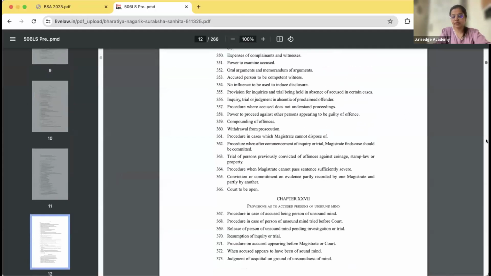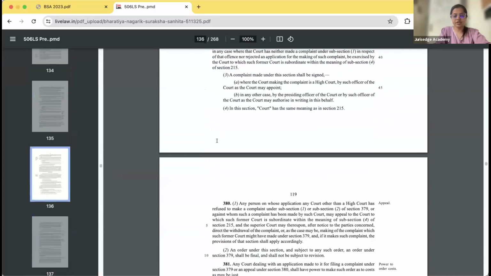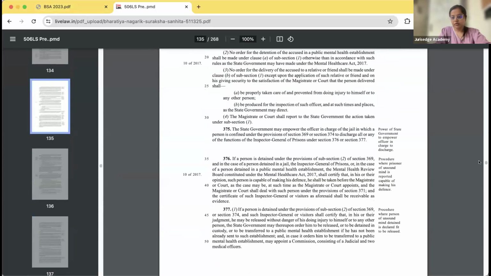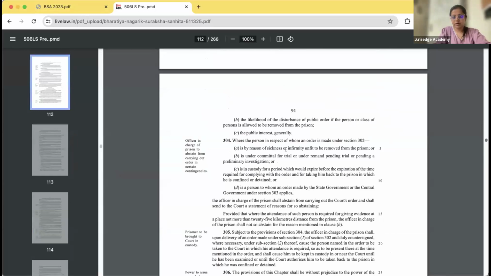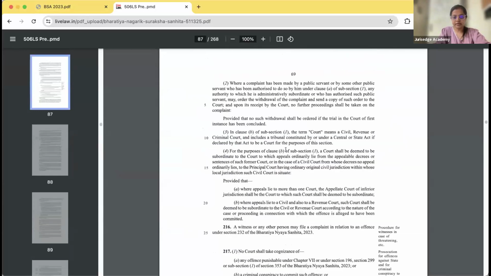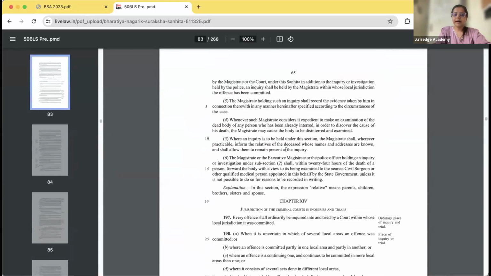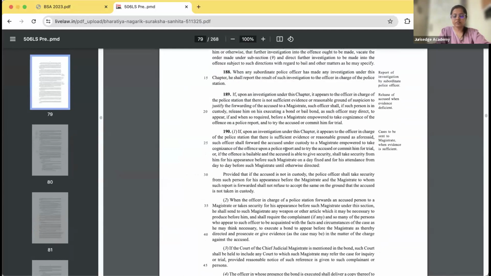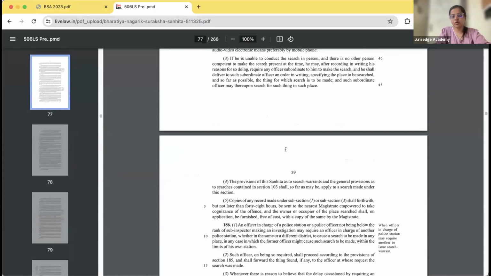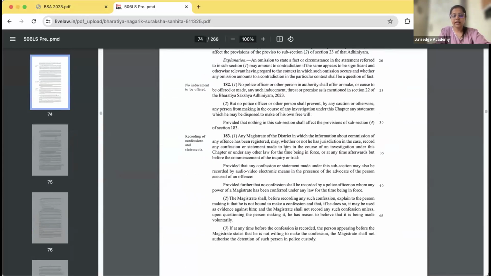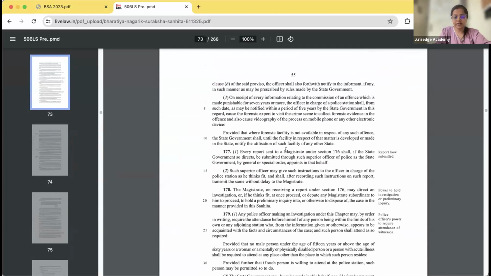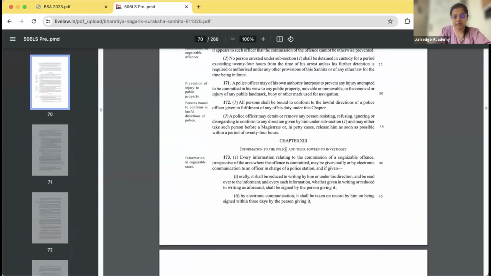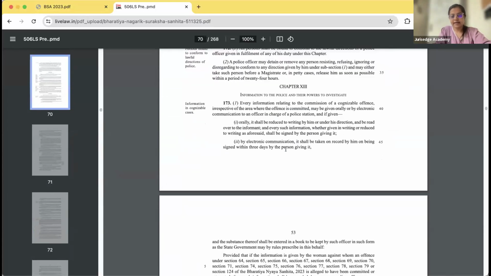I've opened the BSA today, the Bharatiya Sakshya Adhiniyam, because we are going to come across a lot of provisions of BSA. Again, to put a check upon the powers of the police officer, the statements made during the investigation are sometimes not even considered to be evidence. So that is why the Indian Evidence Act is important from the point of view of today's lecture.